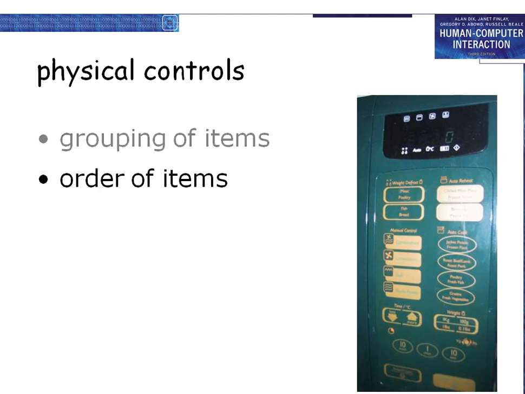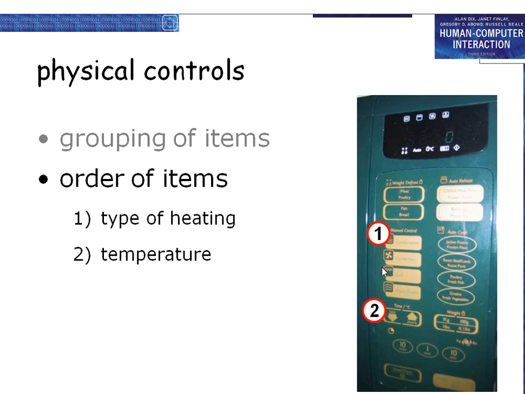And the second is about the order of items. Actually, the order of items will guide the user to operate this system, to operate this device. Maybe we can recognize this like a type of heating.